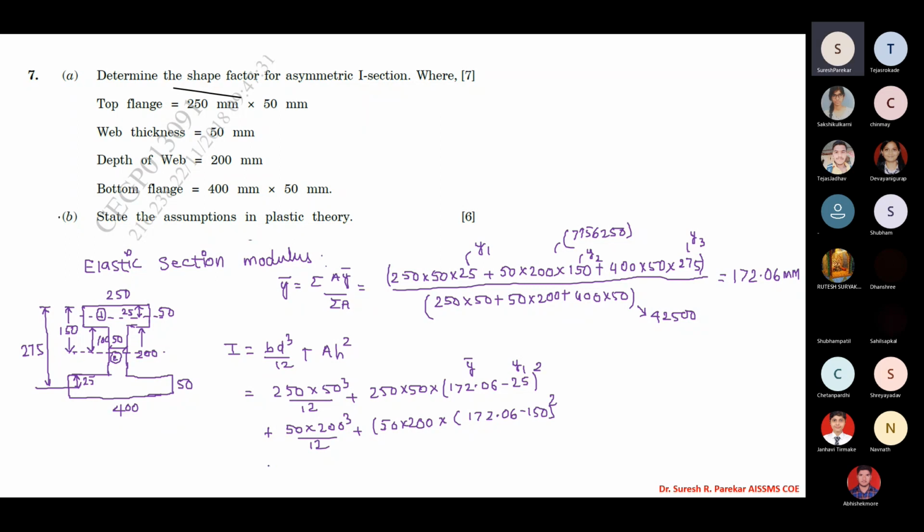And then we have third term, B is 400 into 50 cube by 12 plus 400 into 50 into, now y3 is greater, so 275 minus 172.06 square. And then calculate, you will get value of I.